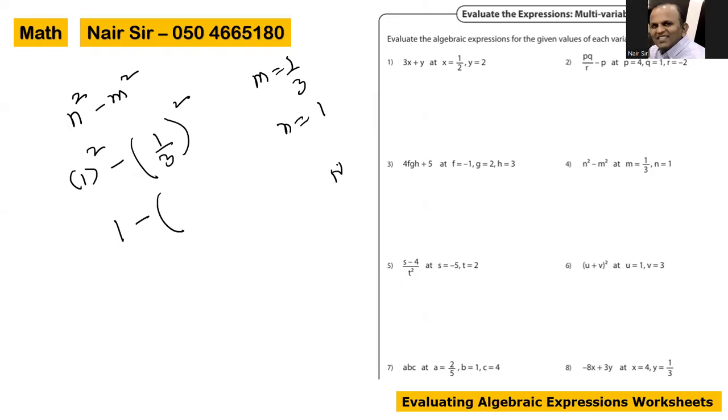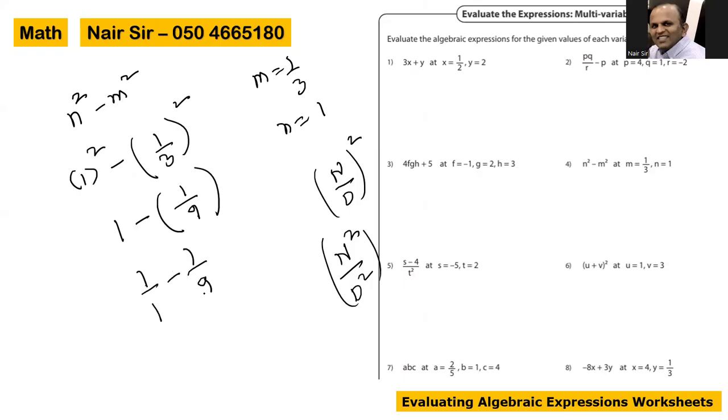Now numerator and denominator का square will be numerator square upon denominator square. Bracket में डाल दो. Numerator 1 1s are 1, 3 3s are 9. हो गया? Now 1 minus 1 upon 9.